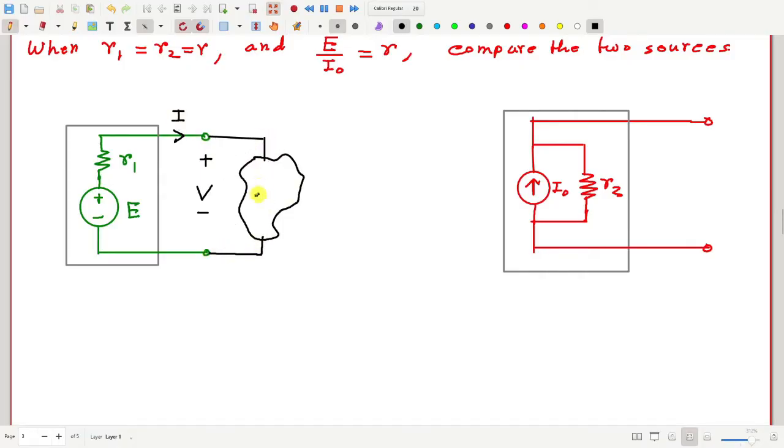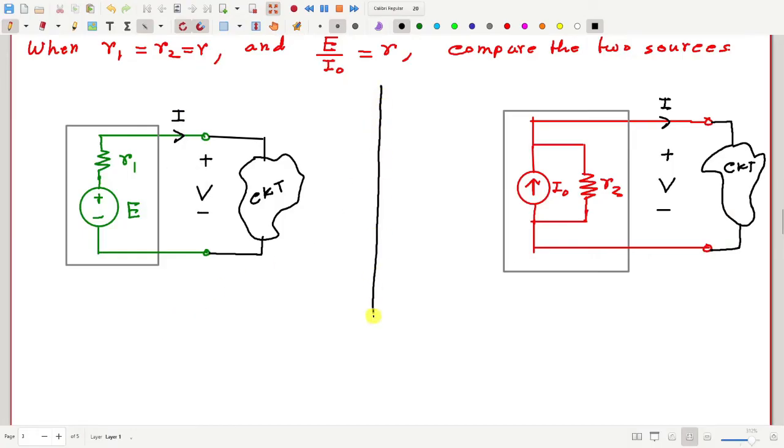So some circuit is there, and suppose this current is I and this voltage is V. What is the relation between V and I for the voltage source?